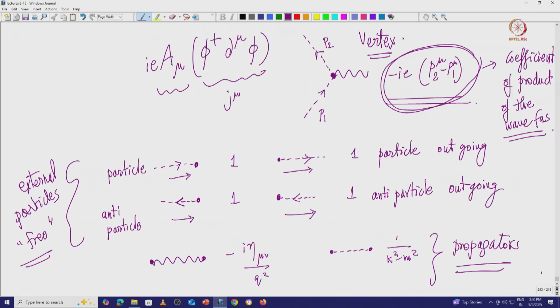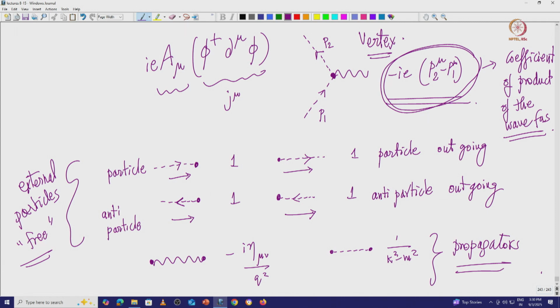For the external particles, what we do is that you define according to the charge flow, essentially. If it is incoming to the vertex with charge and momentum incoming, that is called a particle.